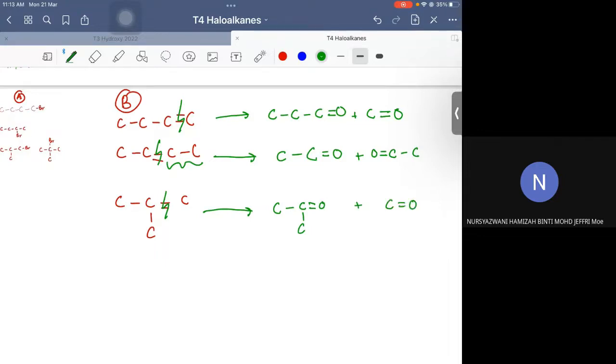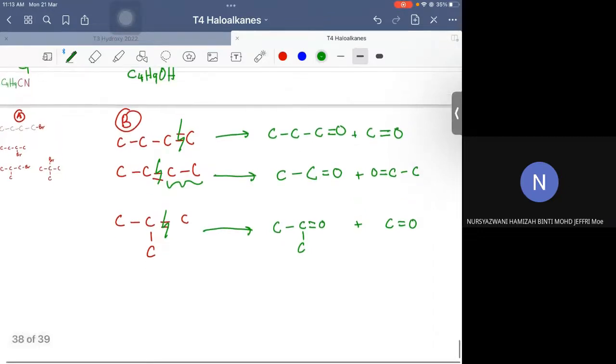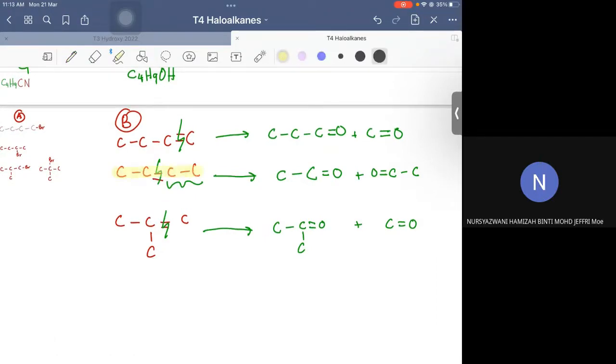Okay, didapati untuk yang dia kata only C produce tu, maksudnya compound yang sama. So kita dapati bila kita pilih alkin yang kedua, dia akan menghasilkan produk yang sama. Okay, so dua-dua produk akan dapat carboxylic acid.